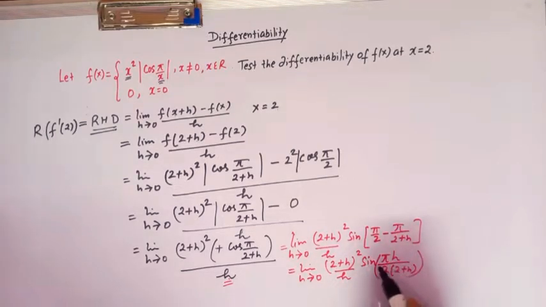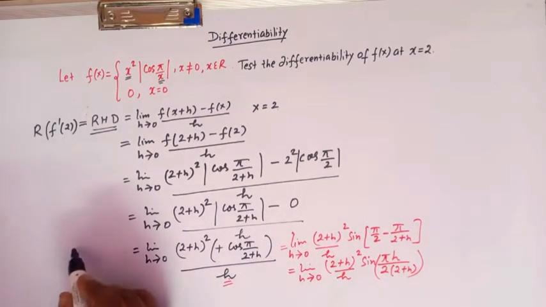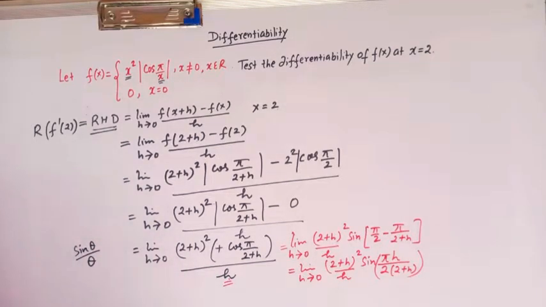Now viewers will convert this term, that is sine of pi h over 2 times (2 plus h), in the form sine theta over theta, right?